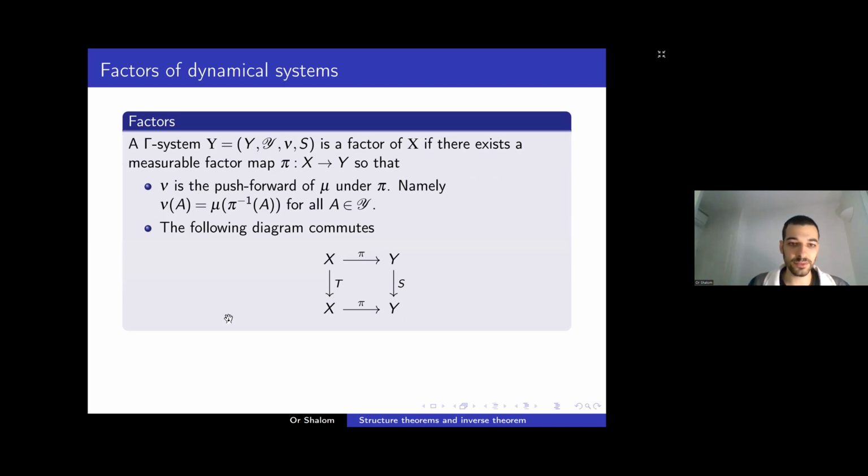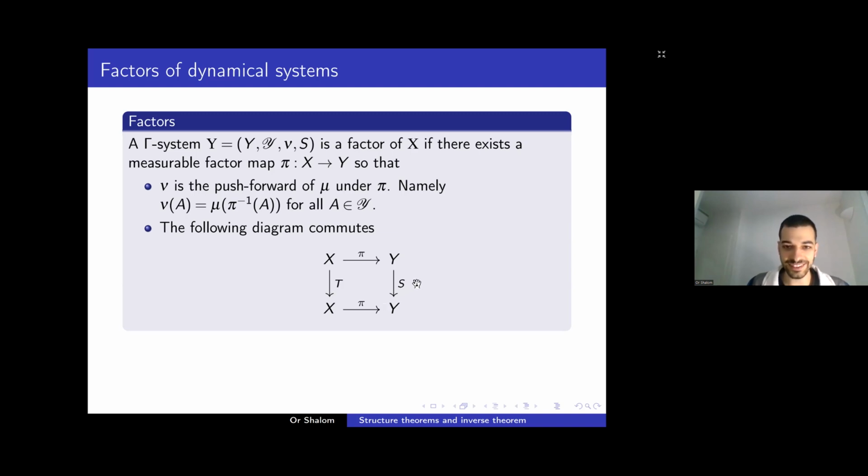We have objects, which are dynamical systems, and we have maps. A map from a dynamical system X to a dynamical system Y is a map from the set associated with X to the set associated with Y, which is measurable. It pushes the measure on X to the measure on Y, and it maps the T action to the S action.